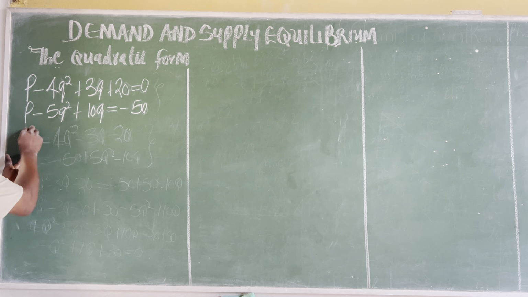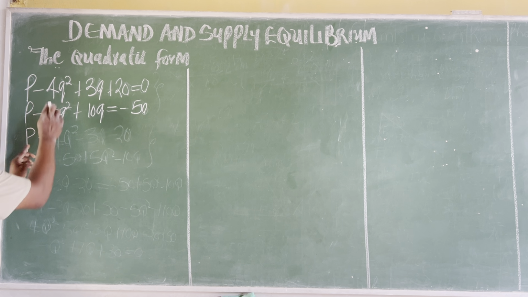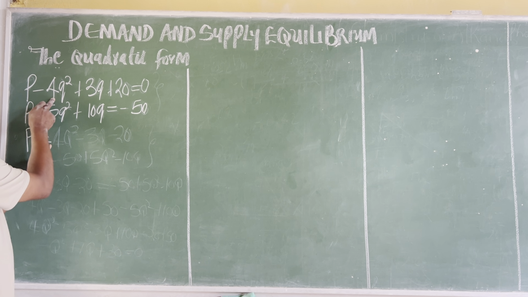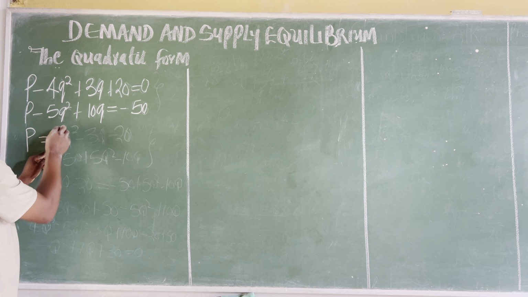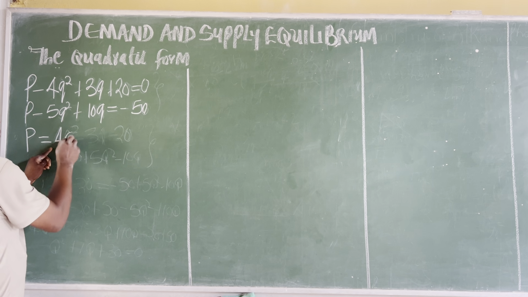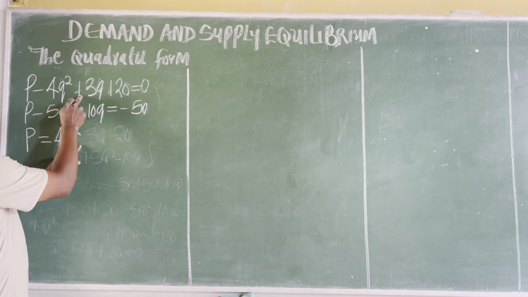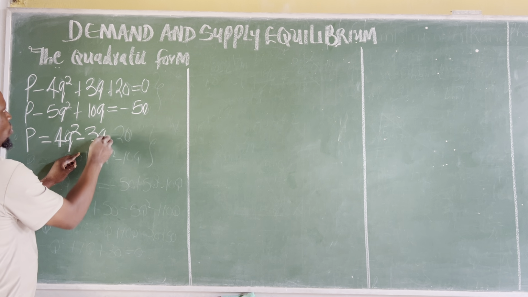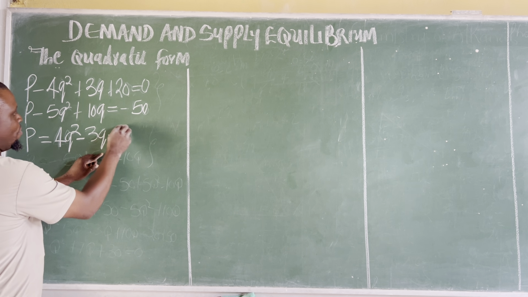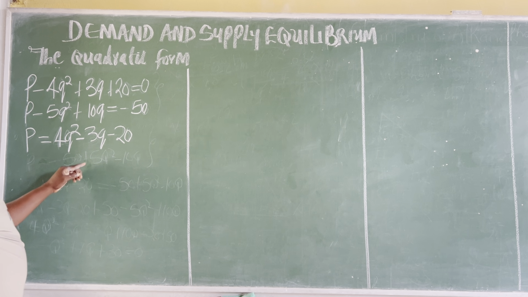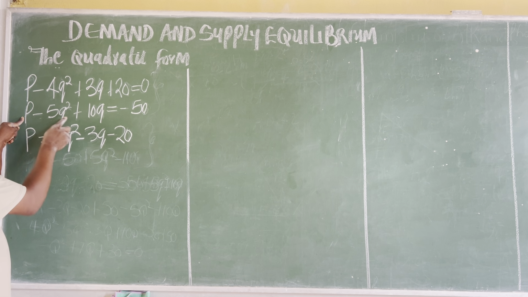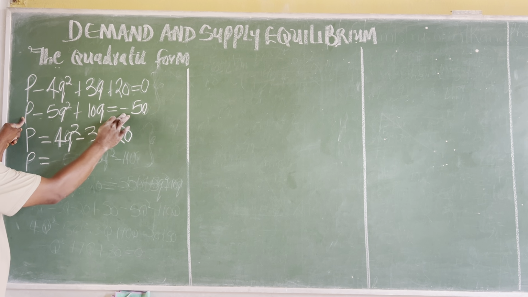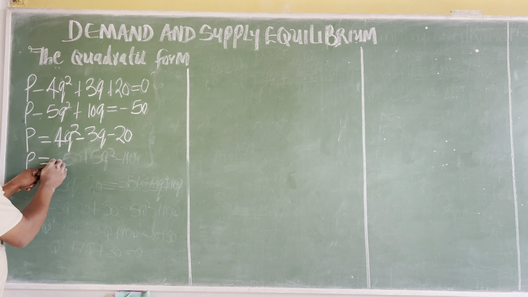So from here, we want to make P the subject. So we'll have P will be equal to, we're moving all of this to the right hand side. And when we do that, this minus 4Q square is going to be plus 4Q square. This plus 3Q is going to be minus 3Q. And this plus 20 is going to be minus 20. Now, from the supply equation, our P will be equal to, remember this is equal to minus 50, so let's write that first.